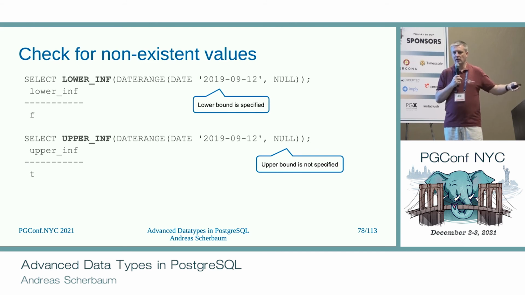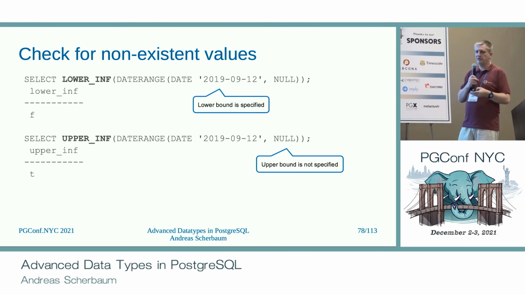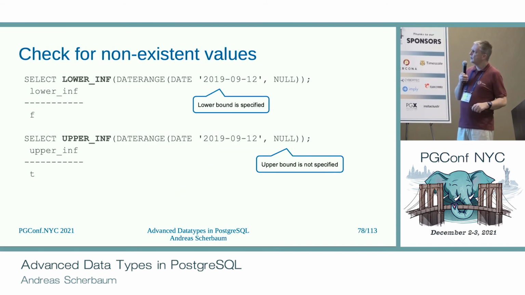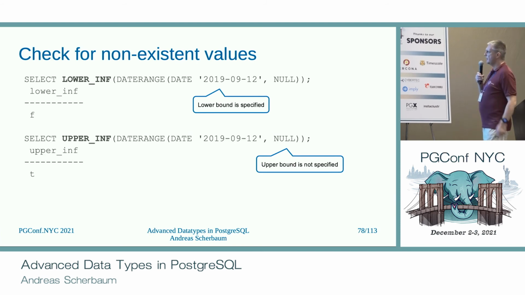Remember, we had a couple of examples before where only one of these was specified when we had the 150 years example. So we can ask, okay, is the lower value actually set to null? Or is the upper value set? So it's not specified, so I get a true back here. We did use this function upper_inf in the 150 years example before, but I skipped over it. So if you go back in the slides, you will find it there.